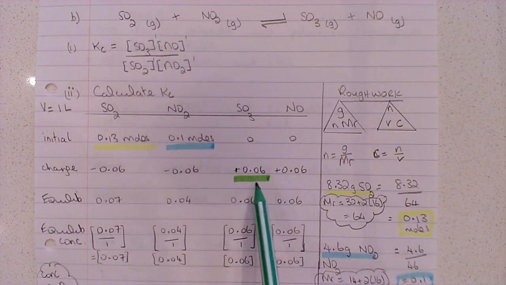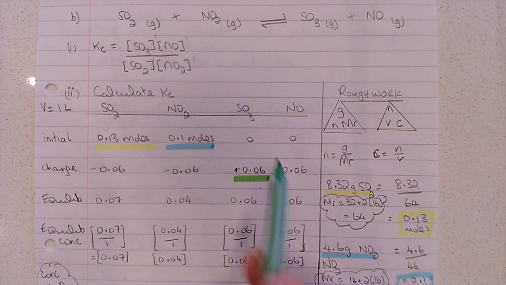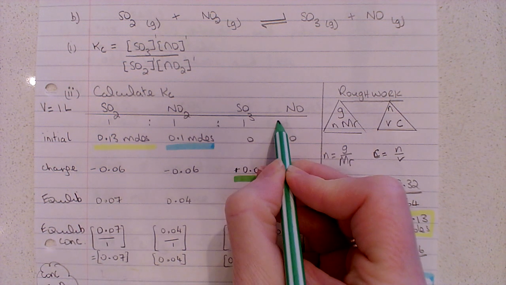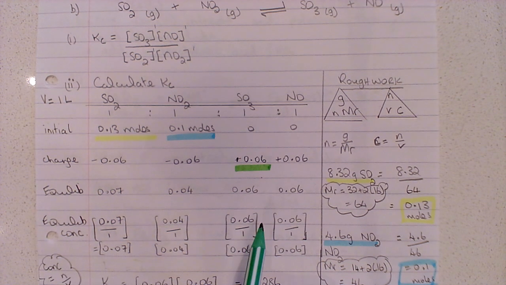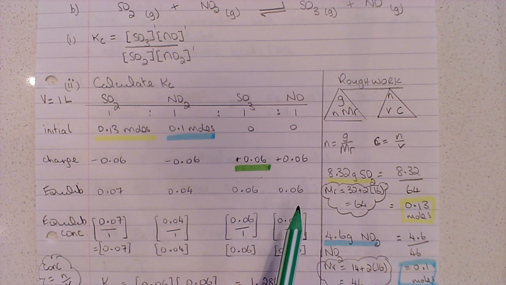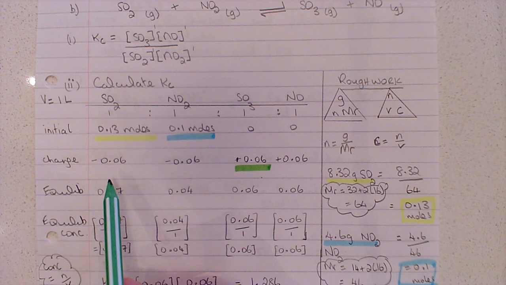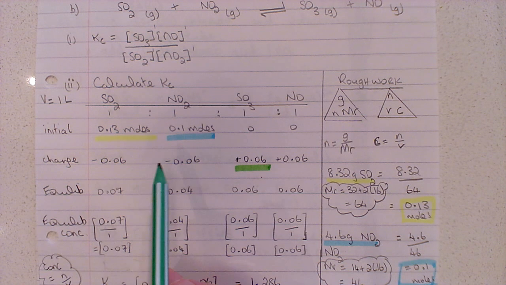So I'm adding 0.06 moles of SO3. Because my reaction ratios are all 1:1, if I'm making 0.06 moles of SO3, I'm making the same amount of NO, so I'm adding 0.06 moles of NO. It also means that I'm losing 0.06 moles of SO2 and 0.06 moles of NO2 throughout the reaction.